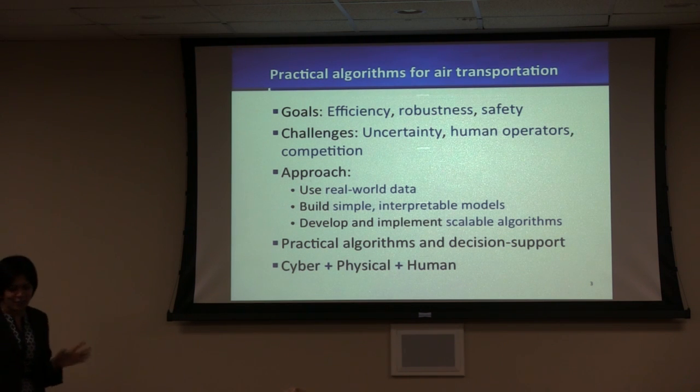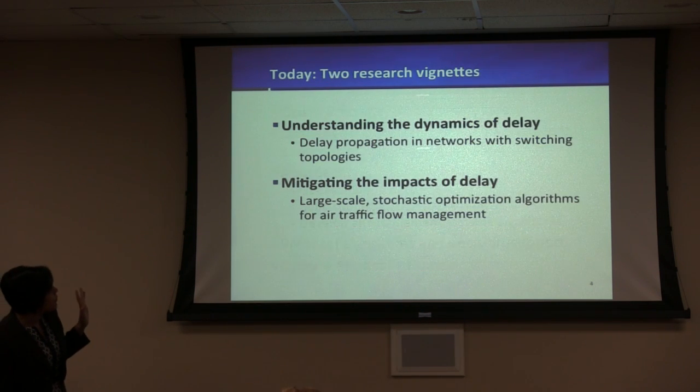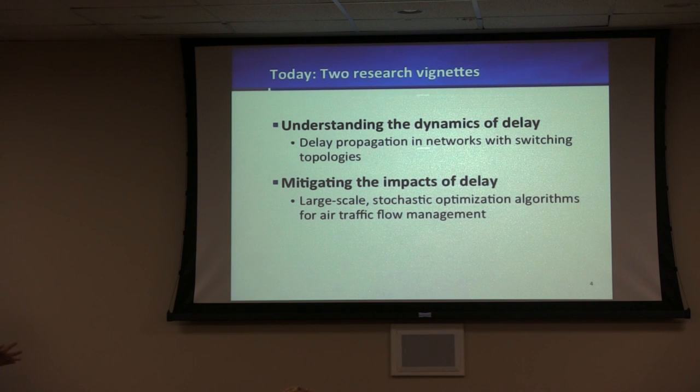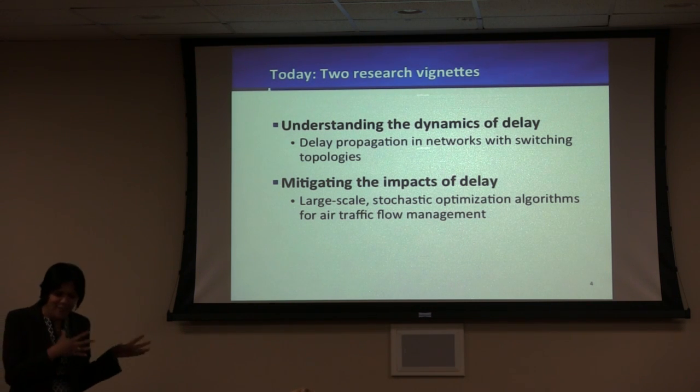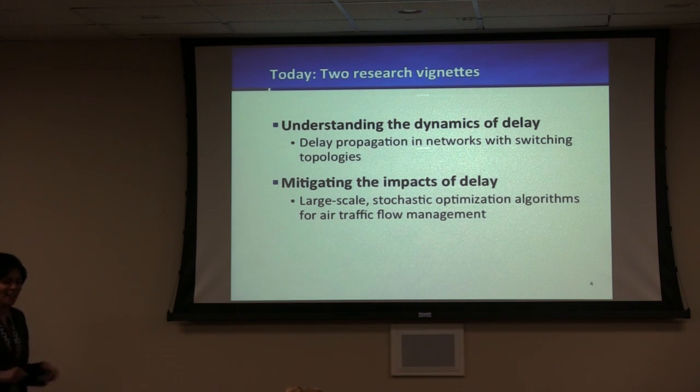So with that sort of broad background, today I'm going to be talking about two problems. The first is going to be more control-flavored, which people who come from control systems theory would appreciate. It's work that we've been doing on trying to model and understand the dynamics of aircraft delays in these large networks.